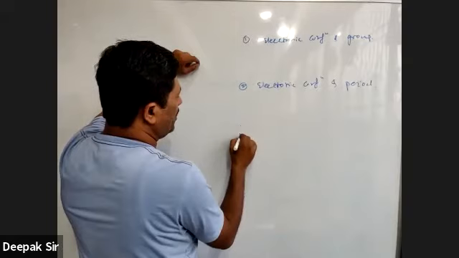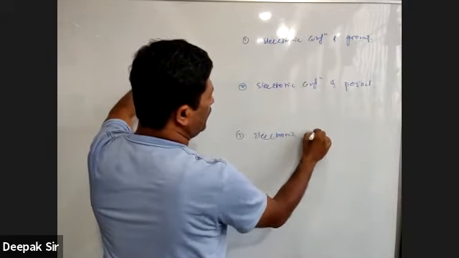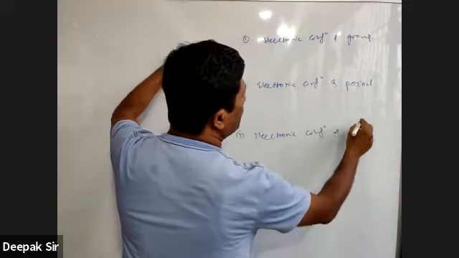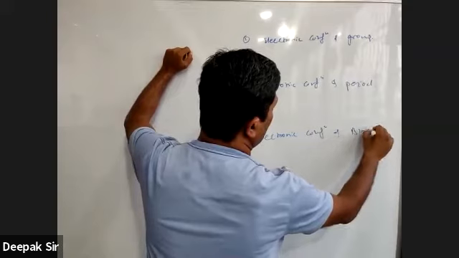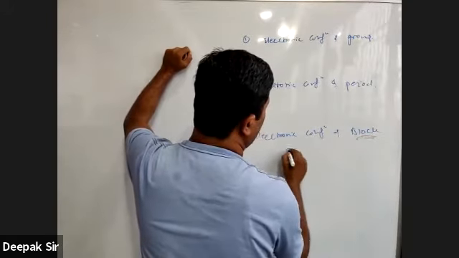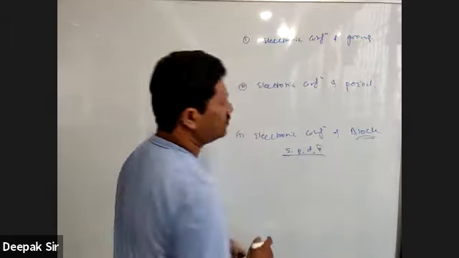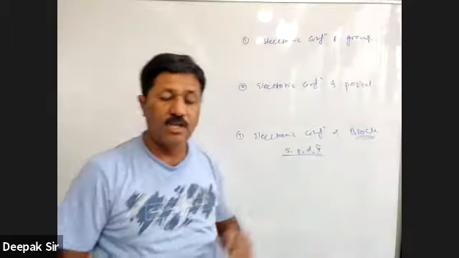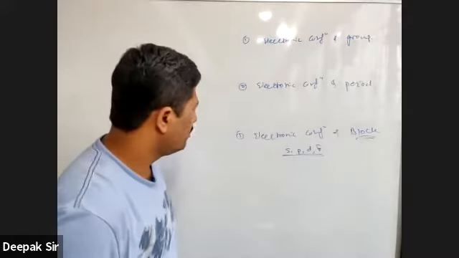And the third one is electronic configuration and block, that is, S, P, D, and F block elements. So these are the topics we have to discuss. We have seen this one.